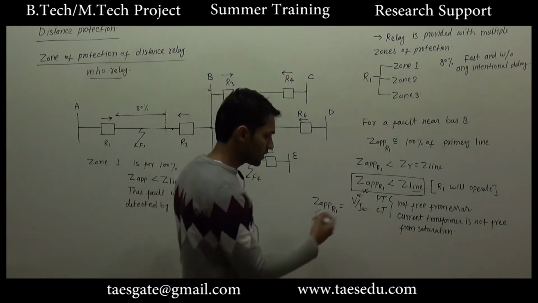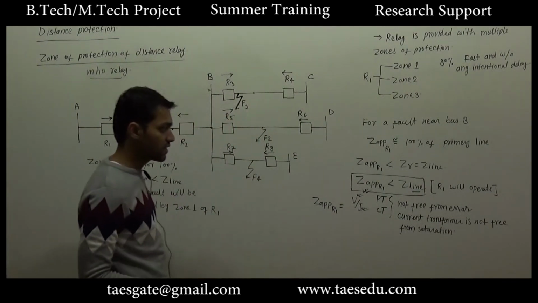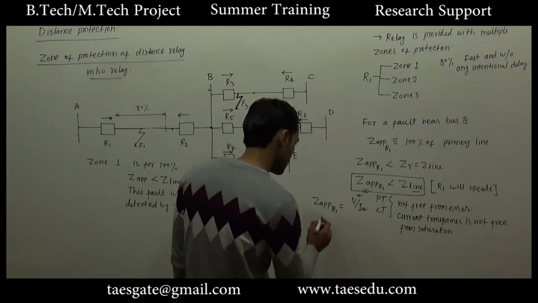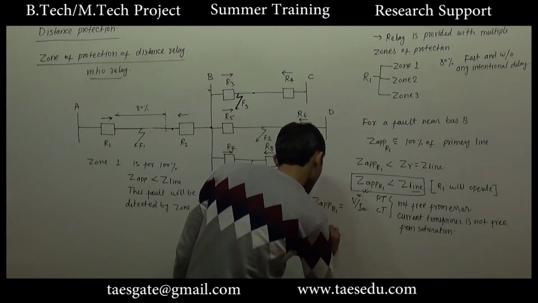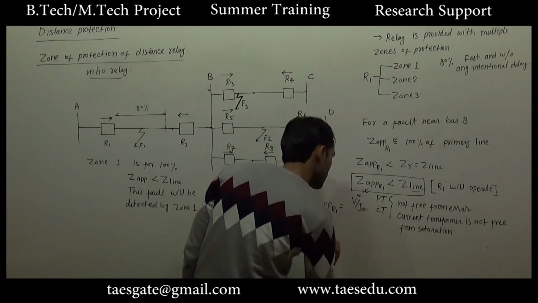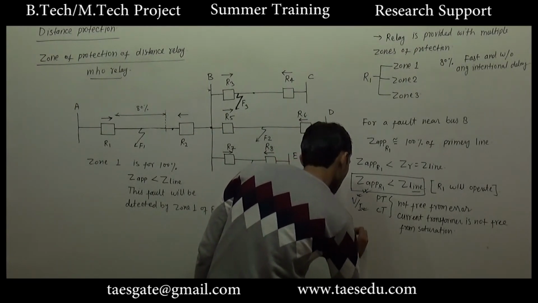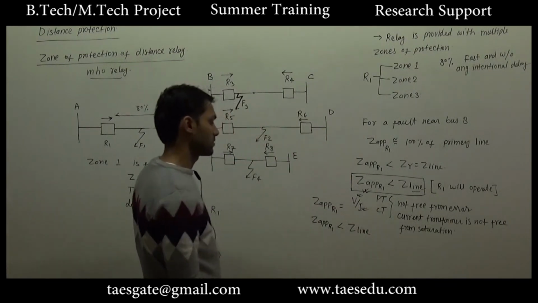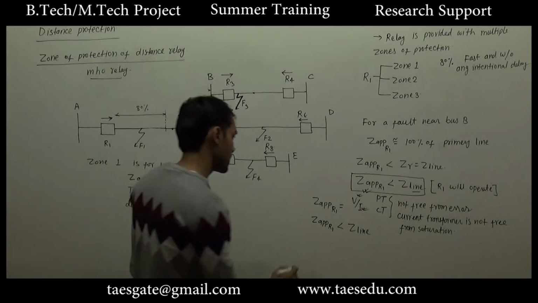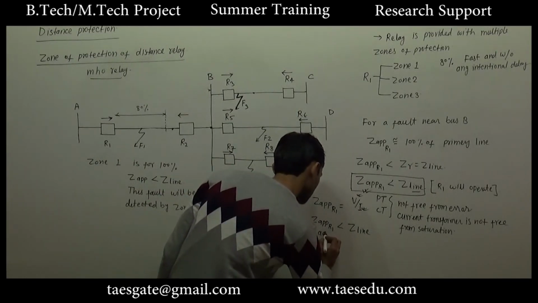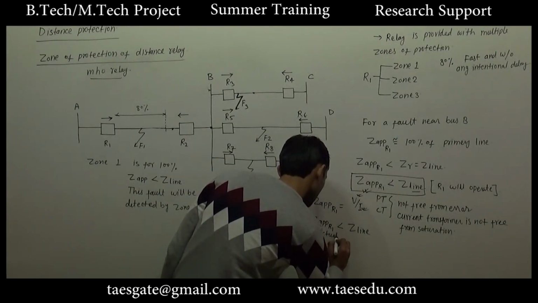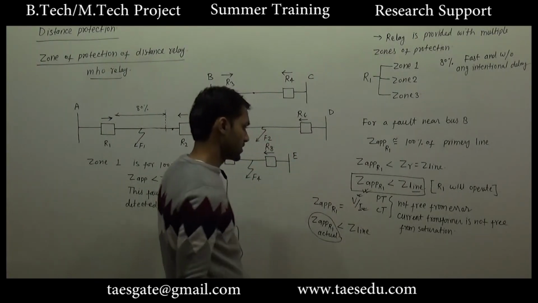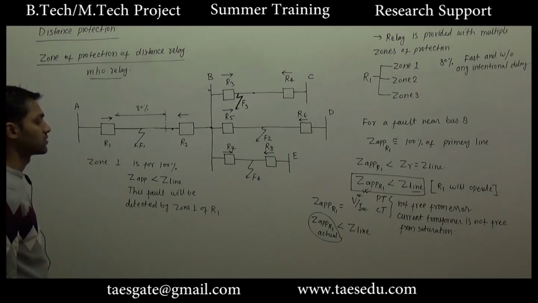Considering all these non-idealities which we are taking as ideal, the actual Z apparent as seen by R1 may be calculated, or may be read, as less than the line impedance, because this will be calculated by the reading of potential and current transformer.